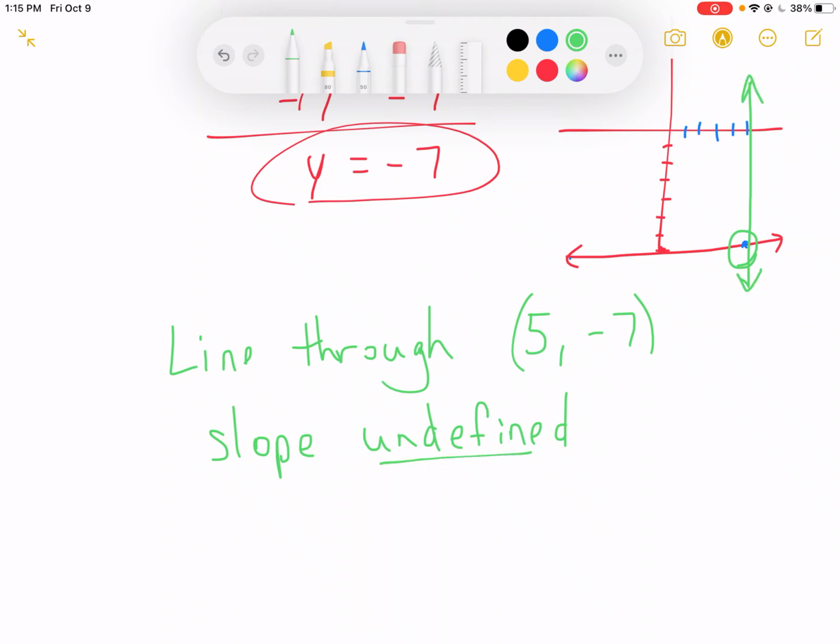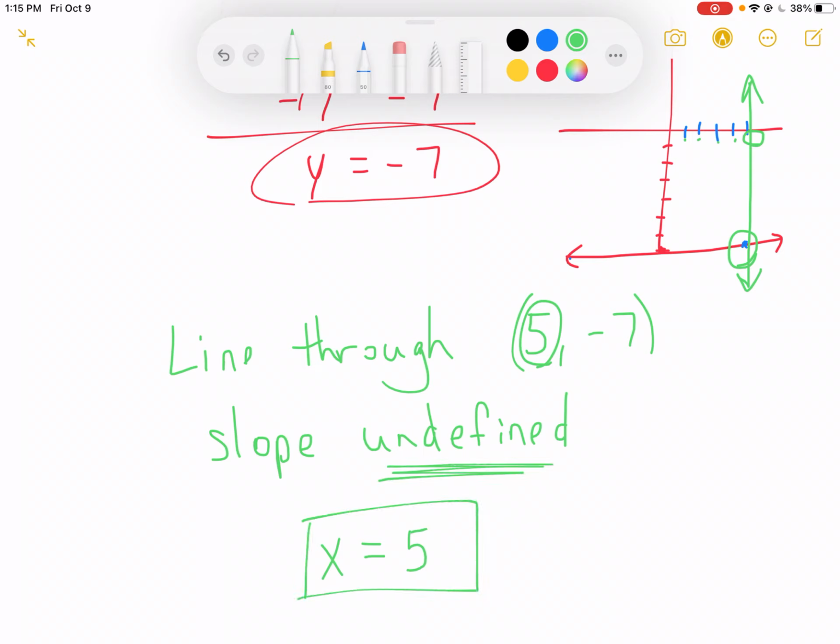Remember, undefined means vertical. So if I have a vertical line, instead of y equals something, it's going to be x equals something. Well, what's the something? It's 1, 2, 3, 4, 5, right? X equals 5. And you don't even have to do any work on that one. So if you see slope undefined, know that you're going to write x equals whatever this x value is.